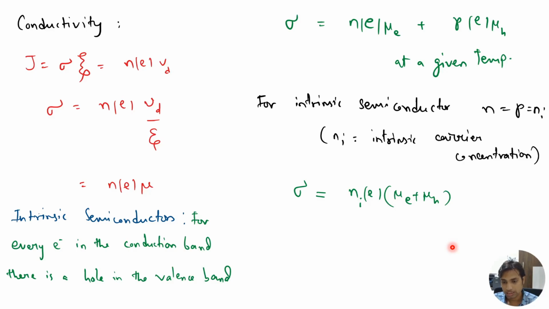For intrinsic, N is equal to P is equal to Ni, the intrinsic carrier concentration. Which makes sigma equal to Ni e times mu E plus mu H.